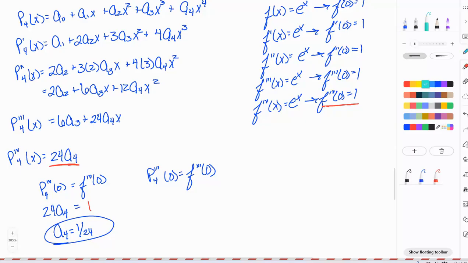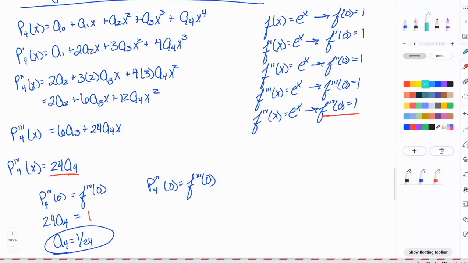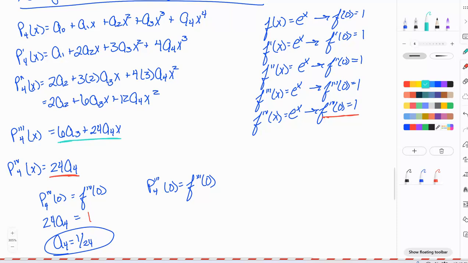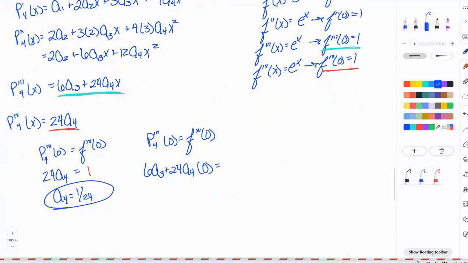So let's compare those. Comparing these, the third derivative of the polynomial was 6a sub 3 plus 24a sub 4 x, but x was 0, right? Because we're interested in what happens at 0, and that has to be equal to 1. So that means that a sub 3 has to equal 1 over 6.